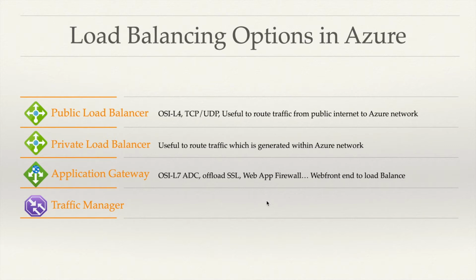Let's say due to some region disaster or manual failover, the primary region is down and your web application on the primary region is not available. In that case, it will redirect the traffic to the secondary region. And again, it is an OSI layer 7 traffic management technology.